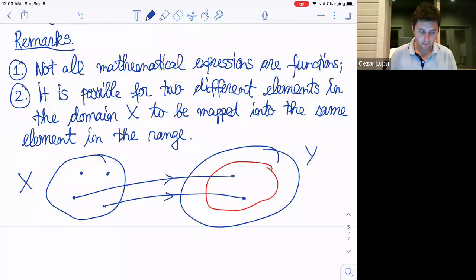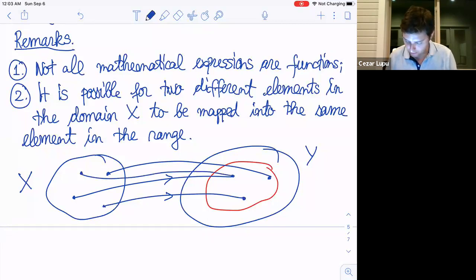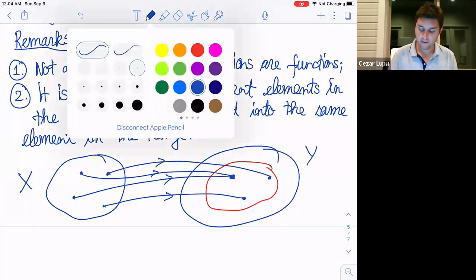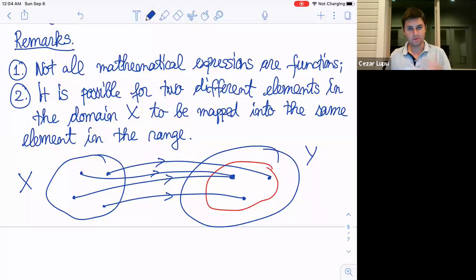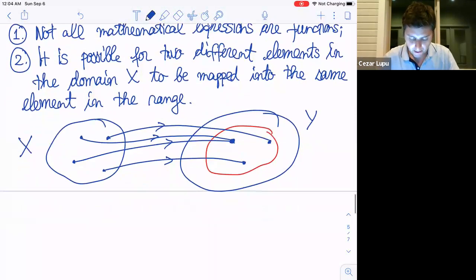Everything is mapped through the function f. This guy is mapped somewhere here, but also this guy is also mapped to this here. As you can see, there are two elements which are mapped to one element in the range. So this can happen. We'll see functions which have this property.